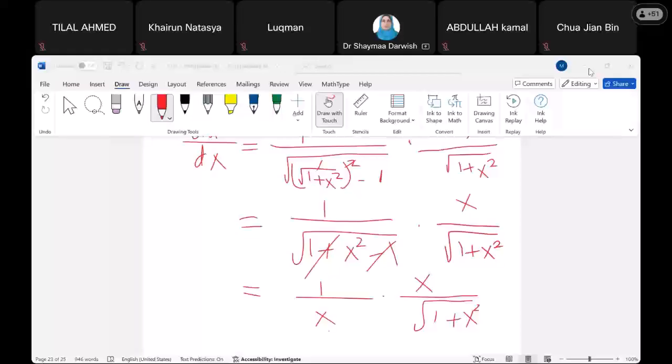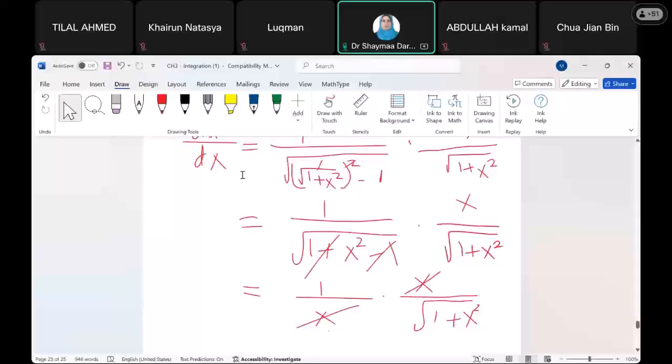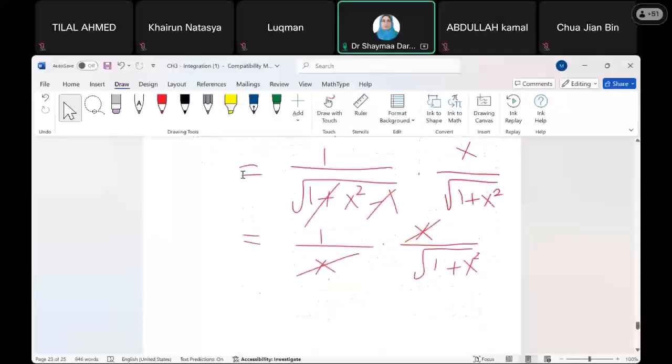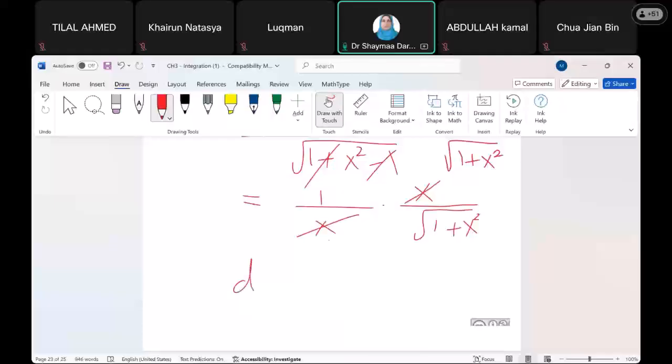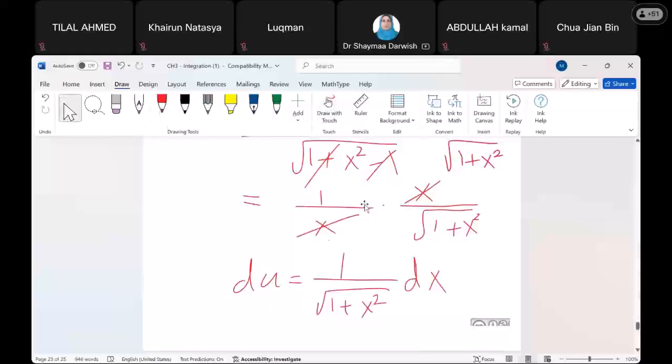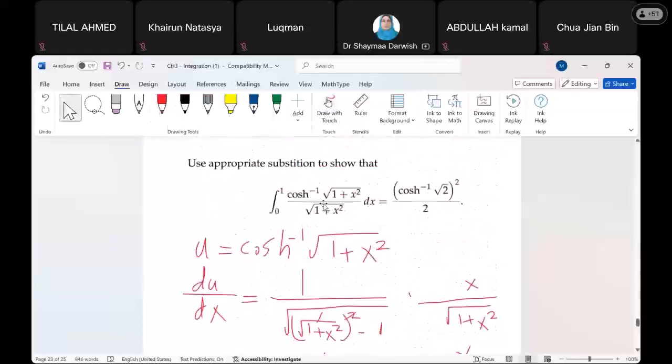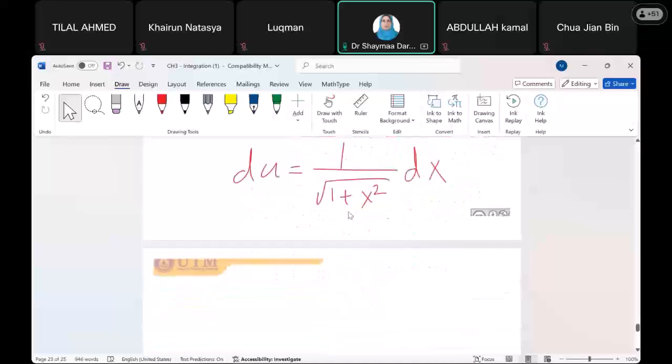Okay. Then x with x will be cancelled. So you have du equal to 1 over square root 1 plus x squared dx. Now we need to integrate cosh inverse of this value.